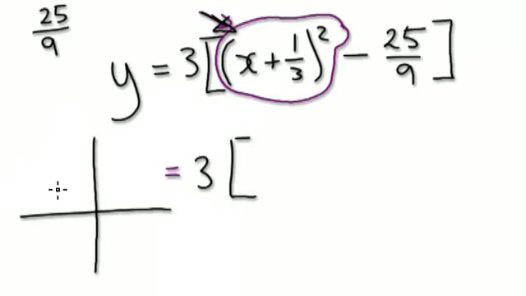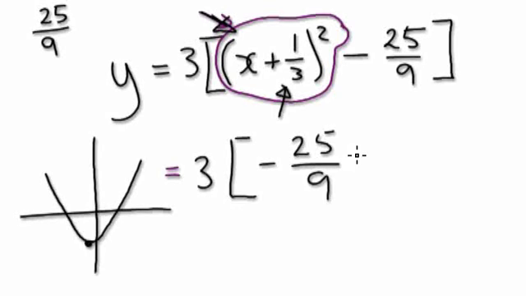That's the smallest possible thing. So let's say our quadratic looks something like this. The smallest value will be when this thing here is 0. So this will be minus 25 over 9. So you see, when you make this 0 here, that will give you the smallest value for y. I haven't explained why, but for the time being, just accept it.